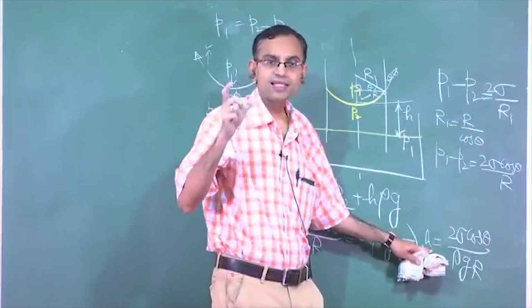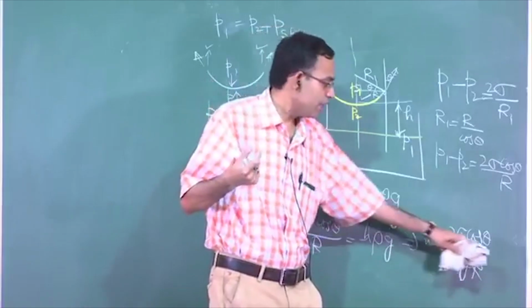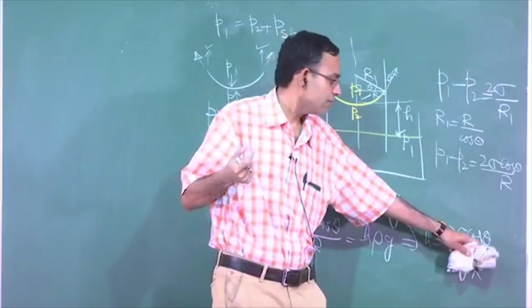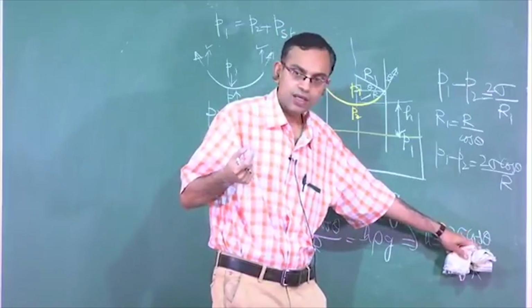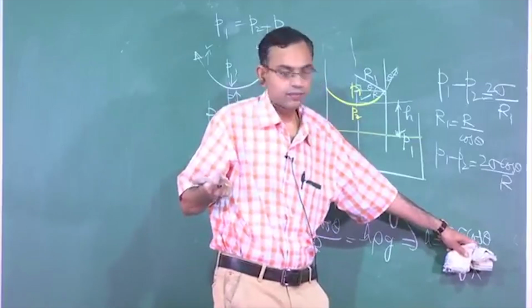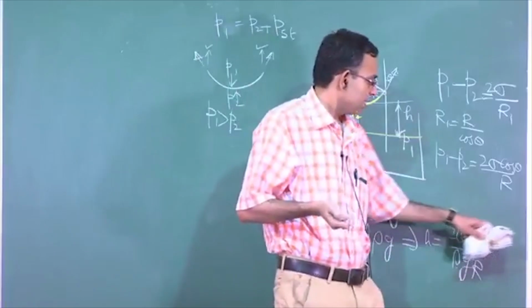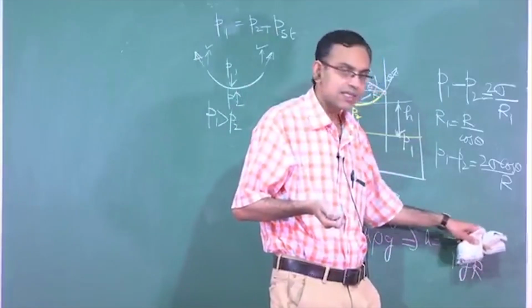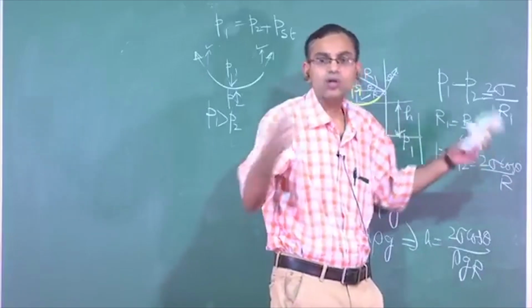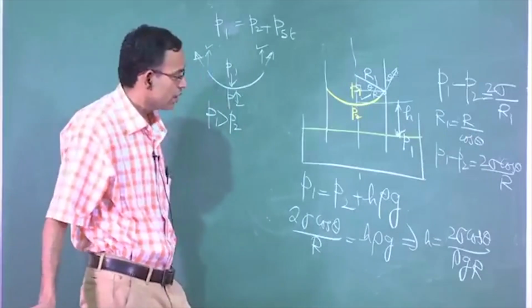See, this rise is a generic term, it could also be fall, it depends on theta. If cos theta is greater than 0, it is rise, if cos theta is less than 0, it is fall. Whether cos theta is greater than 0 or less than 0 depends on whether adhesive forces are overcoming the cohesive forces or cohesive forces are overcoming the adhesive forces.